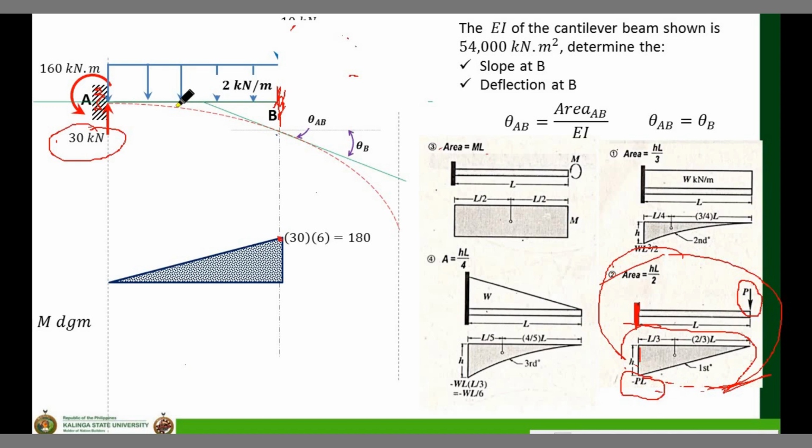And the length of the beam, the distance from A to B, is 6. Now that I finished the moment diagram for the 30 kilonewtons, the next moment is 160 kilonewton meters.